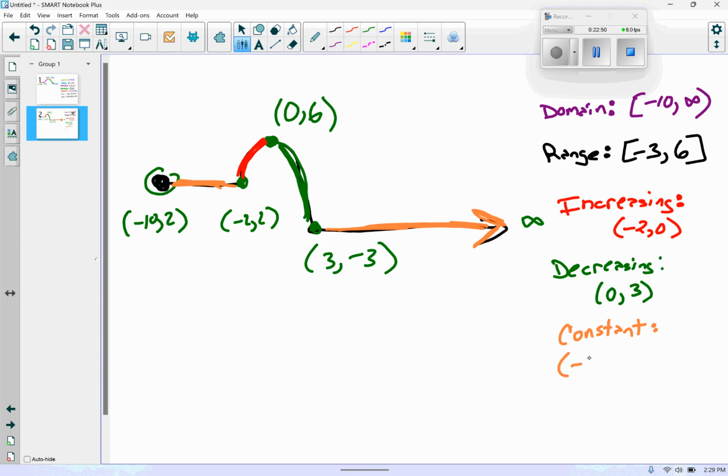Yep, -10 to -2. Anyone want to take a shot at the other one? 3 to infinity. No, because I'm using the x values. So -10 to -2, and then 3 to infinity.